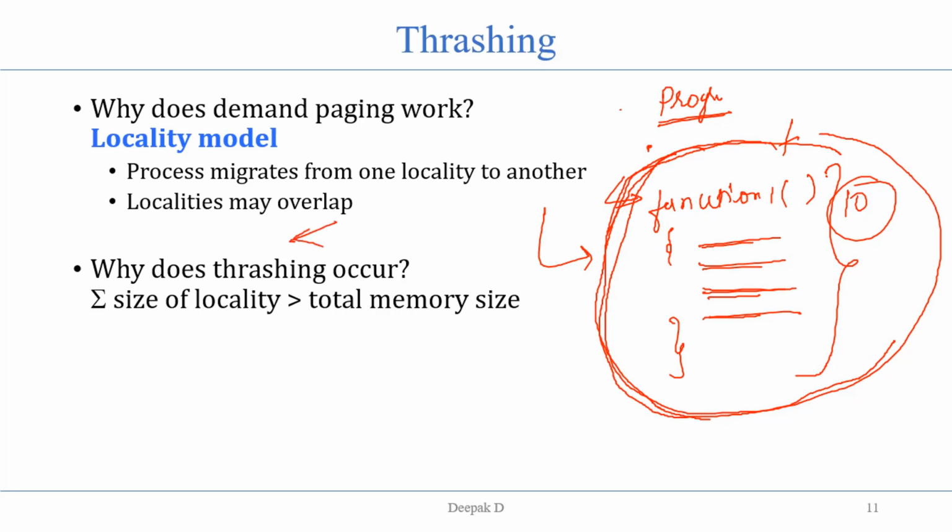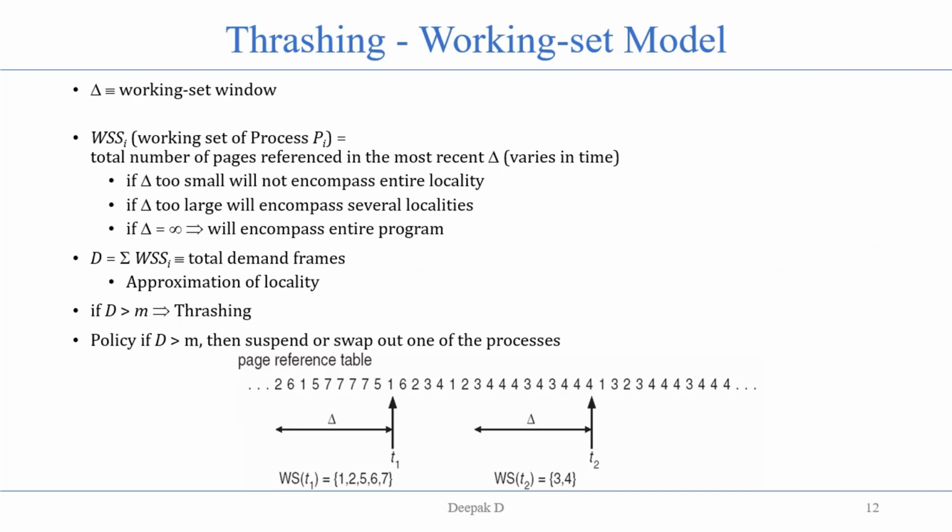Thrashing occurs when the size of all the localities exceeds the total memory we have. As we have already seen, this working set model is mainly based on the assumption of locality. So in this model we use one parameter to define the working set window.